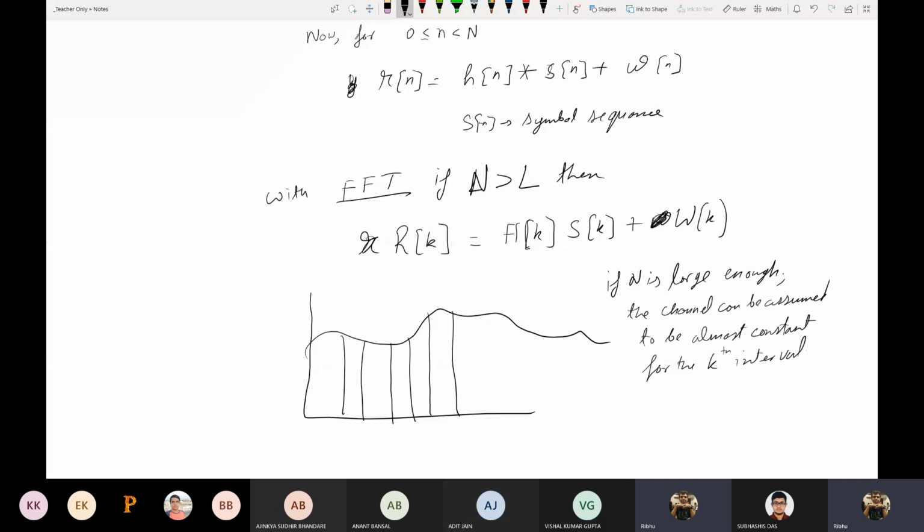Sir, for the transmission part, we were mostly worried about the time domain analysis and rarely went to the frequency domain. But can't we have a similar analysis? Not for the transmission part till now, because before OFDM we have done everything in the time domain.